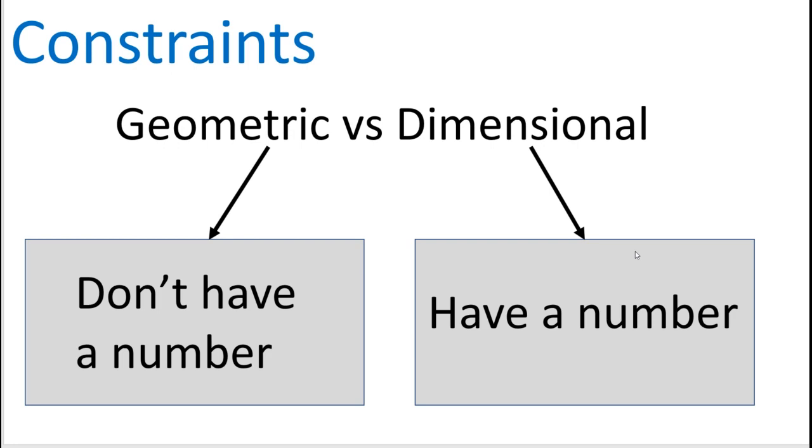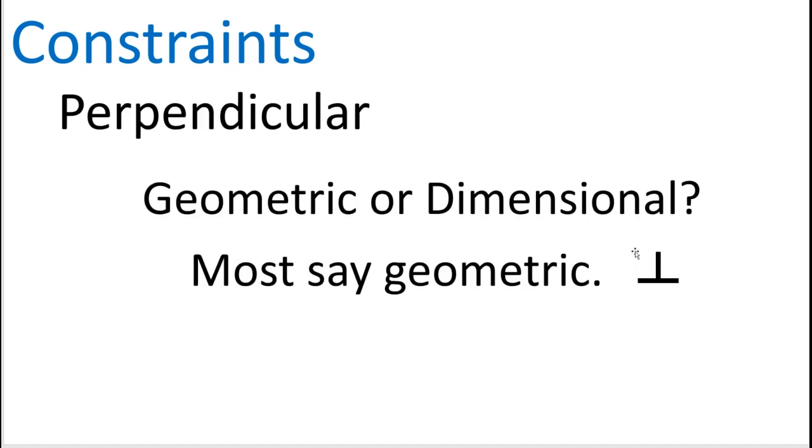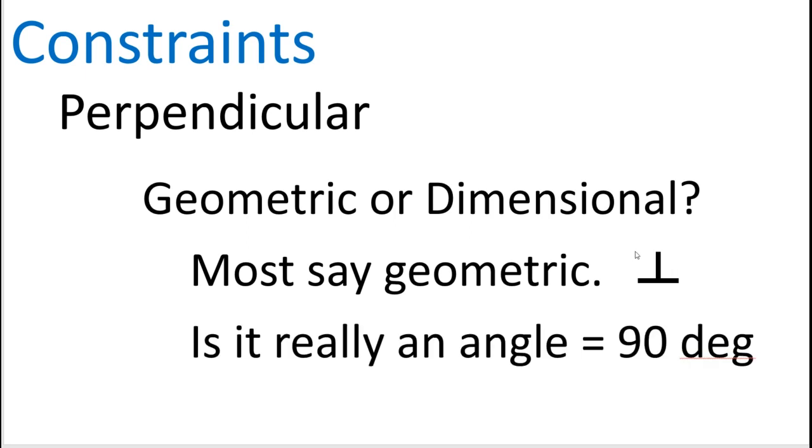I think most of the definitions agree that geometric constraints don't have a number and dimensional constraints do have a number. But now let's look at something like perpendicularity. Is it geometric or dimensional? Almost everybody says it's geometric, and there's the little symbol for it right there. But is it really an angle constraint where the angle's 90 degrees?